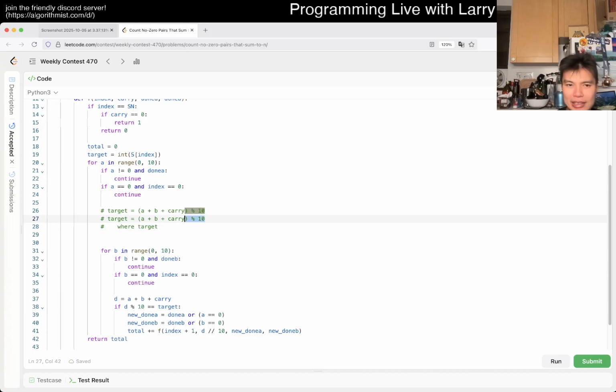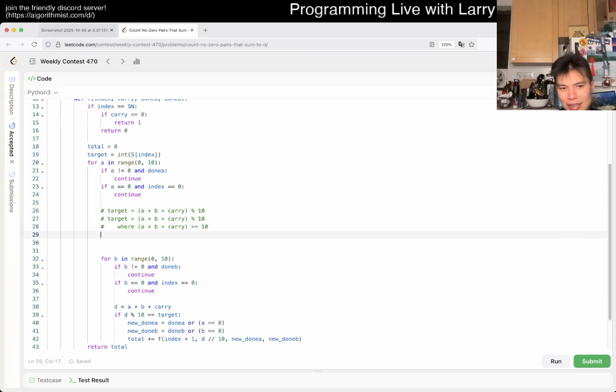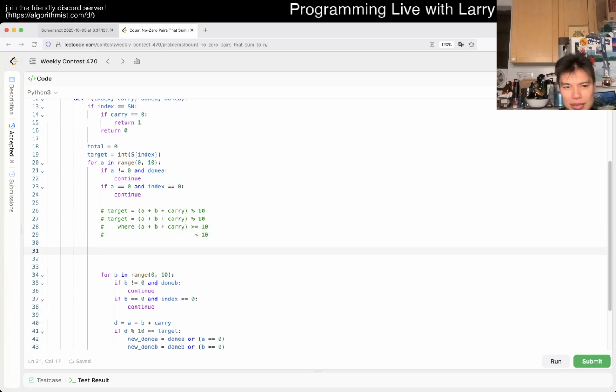So then there's the case where a plus b plus carry is greater than or equal to 10. Technically it has to be, and the same thing but less than 10, right? So now we do the case where target plus 10 is equal to a plus b plus carry.